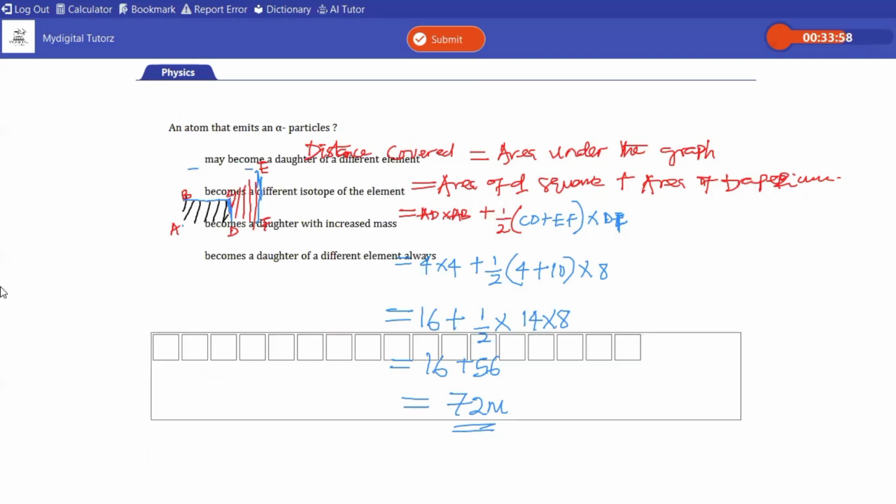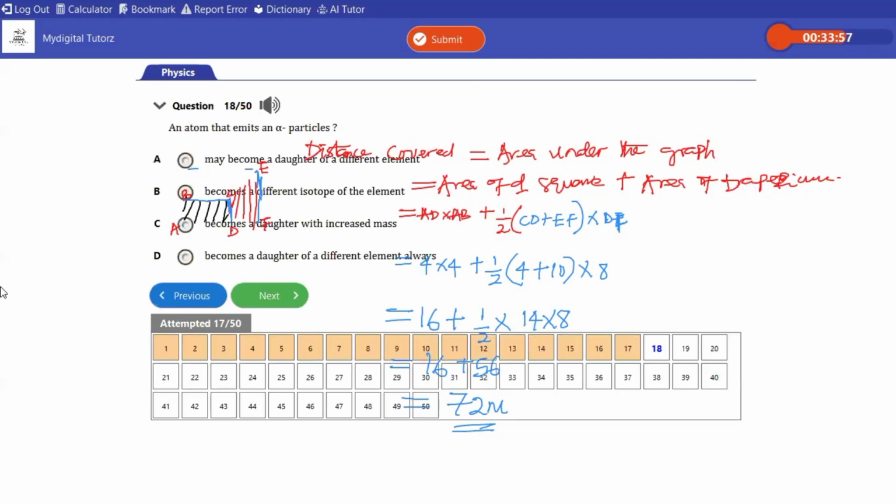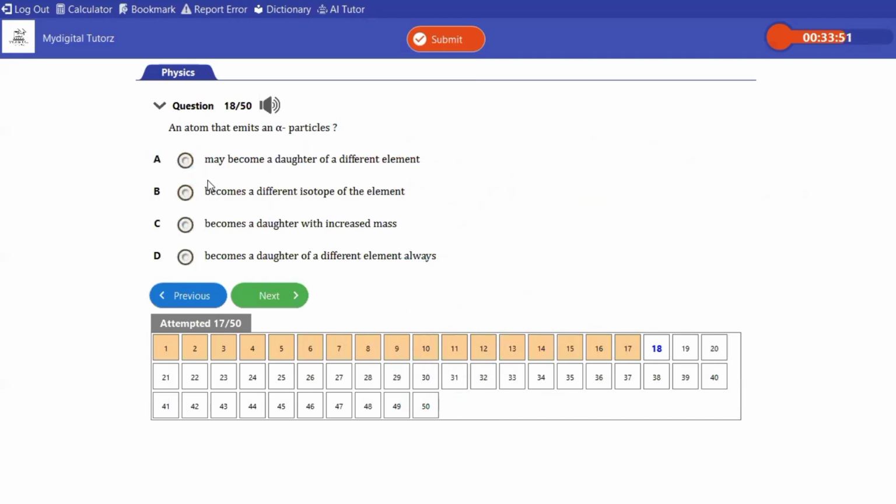So question 18 says, an atom that emits an alpha particle may become a daughter of a different element, become a different isotope of the element, become a daughter with an increasing mass, or become a daughter of a different element. It becomes a daughter of a different element.